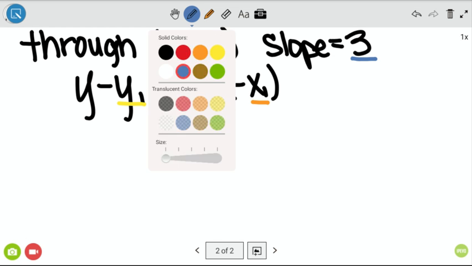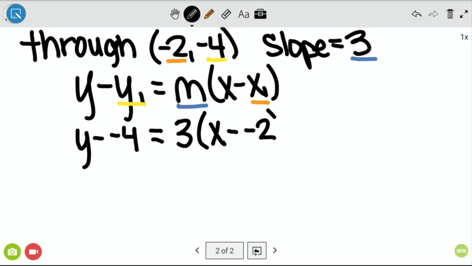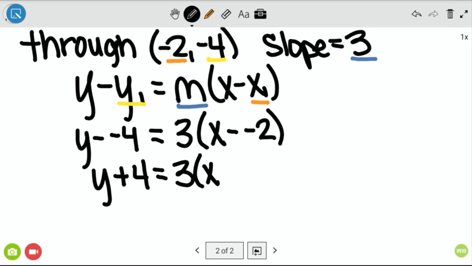So then if we want to set this up, we are going to do y minus -4, which we're going to change to a positive in just a second, equals 3 times x minus -2. Now, we have substituted, but I do want you guys to change a minus a negative to a positive.